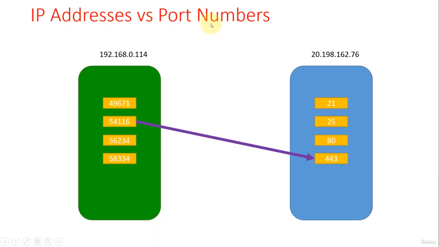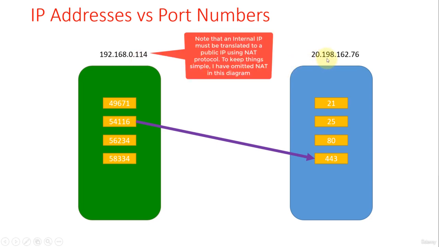IP addresses versus port numbers. This diagram here shows two different computers. On the left, we have a computer with the IP address 192.168.0.114, and on the right we have another computer 20.198.162.76.